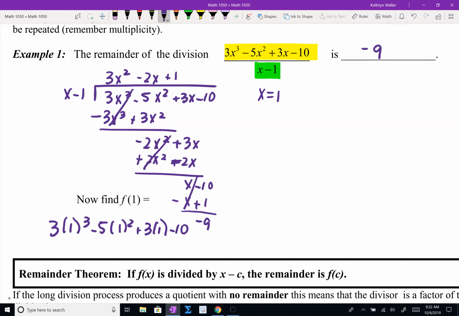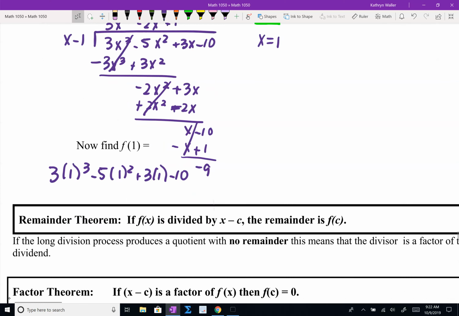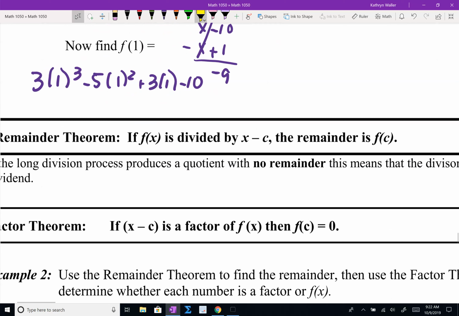All these things, 1 to the third, 1 to the second, 1 to the first, those are all 1. It's not going to change anything. So it's really just 3 minus 5 plus 3 minus 10. And when I plug that in, I get a negative 9.